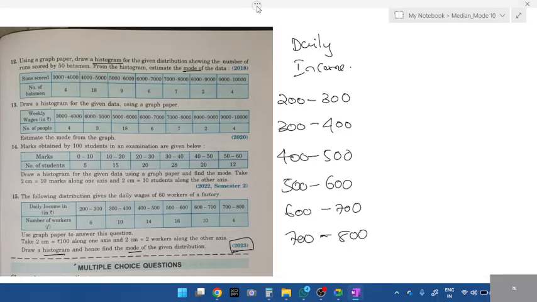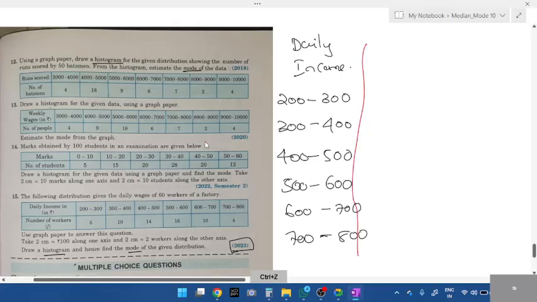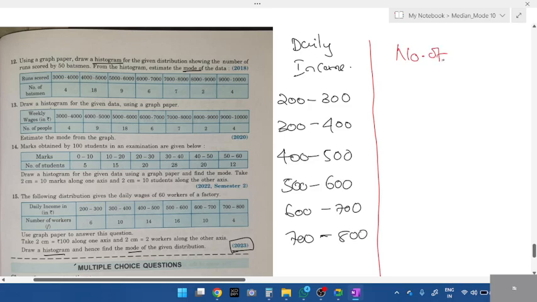This is daily income. Next, just copy whatever is given in a vertical manner, tabular form. Next, we have number of workers: 6, 10, 14, 16, 10, and 4.